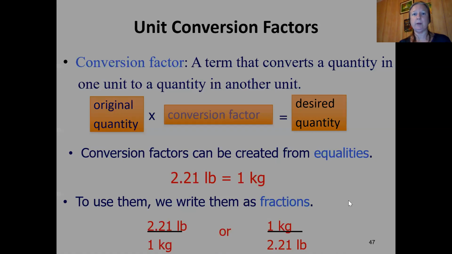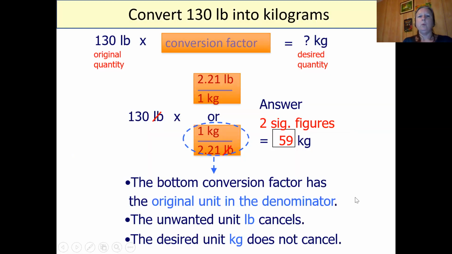Okay, how do we use them? When you have one unit, so here we have pounds, but you want to know what is that value in a different unit. So in this example, it's saying, what is this 130 pounds in kilograms? You use the conversion.